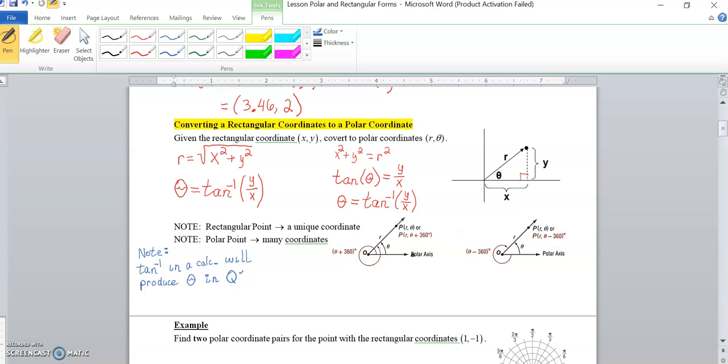In fact, it's quadrant 1 and quadrant 4.